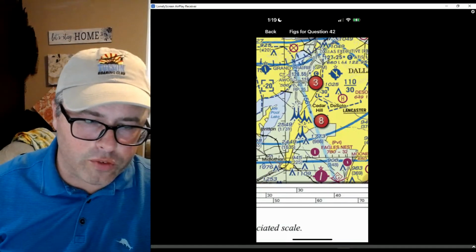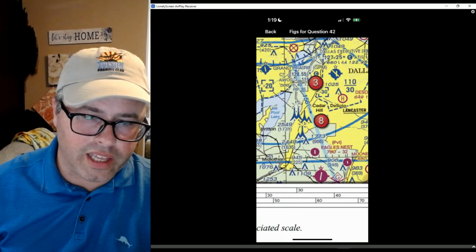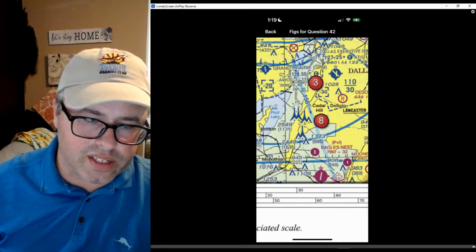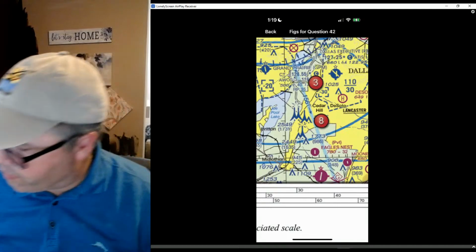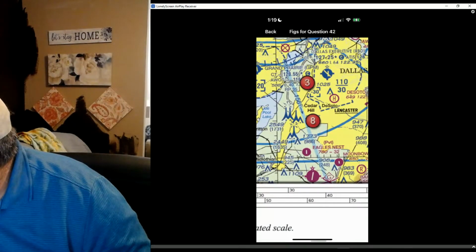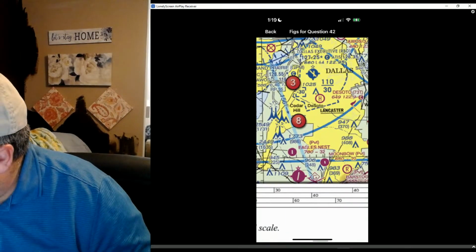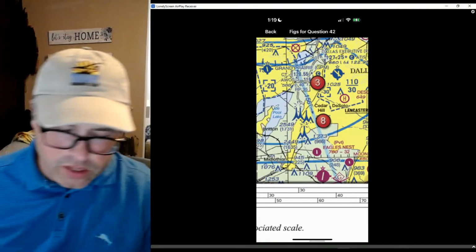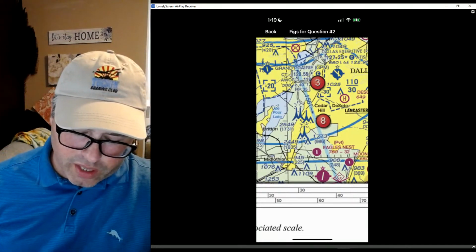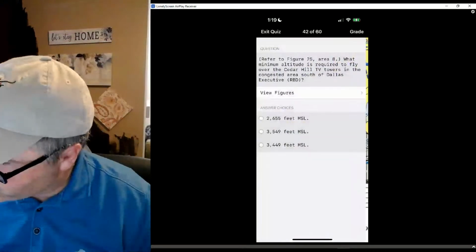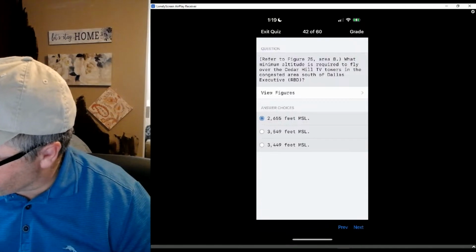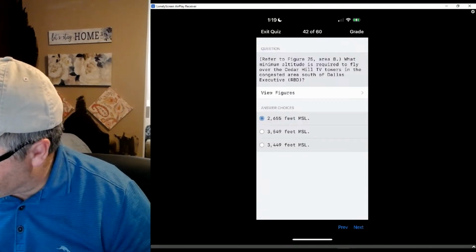Sometimes you got to fly over them closer than that if you're landing either at Dallas Executive or to the south, Eagle's Nest or Moonbow or whatever. Okay, so if we just need to get over them, that 2,655 is going to get you over them. Okay, but I would definitely want to fly over them higher than that.